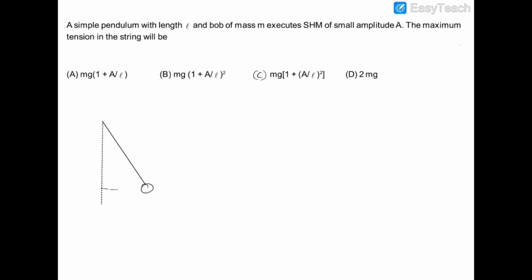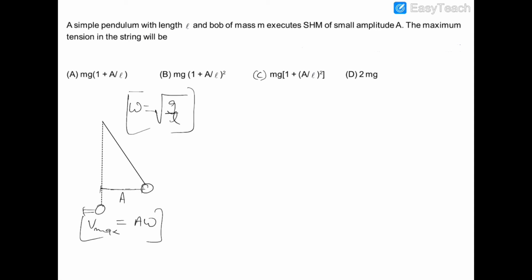This is the mean position and this is the displaced position. The amplitude is the linear amplitude, and therefore it would be A. The velocity of this ball when it passes through the mean position will be the maximum velocity, and this maximum velocity will be A omega, where omega is equal to under root of g by L, which is the angular frequency of SHM.